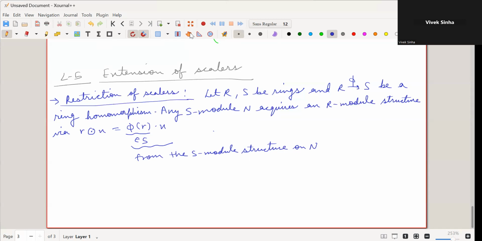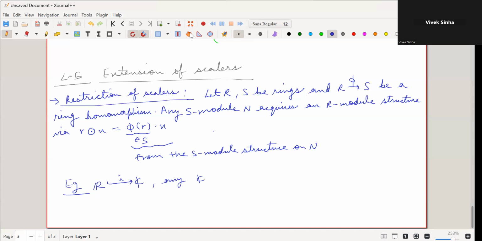So the basic example is, as I said, you take a ring that is a subring of another ring, and you have the inclusion map. Then you can say that any module over the complex ring, so the complex ring is a field, so the module becomes a vector space.